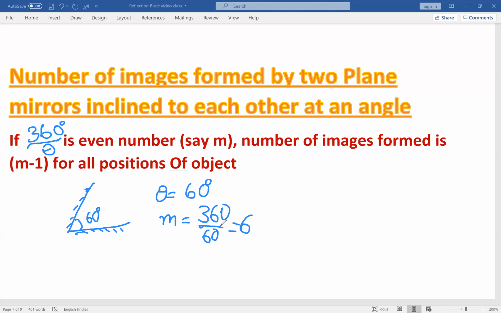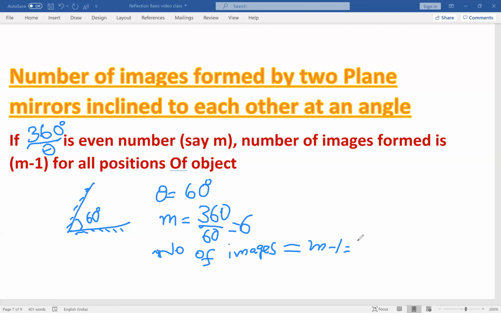So straight away, the number of images is nothing but m minus 1. So how to use this m minus 1? Only when 360 by 60 gives an even number, the number of images will be m minus 1.